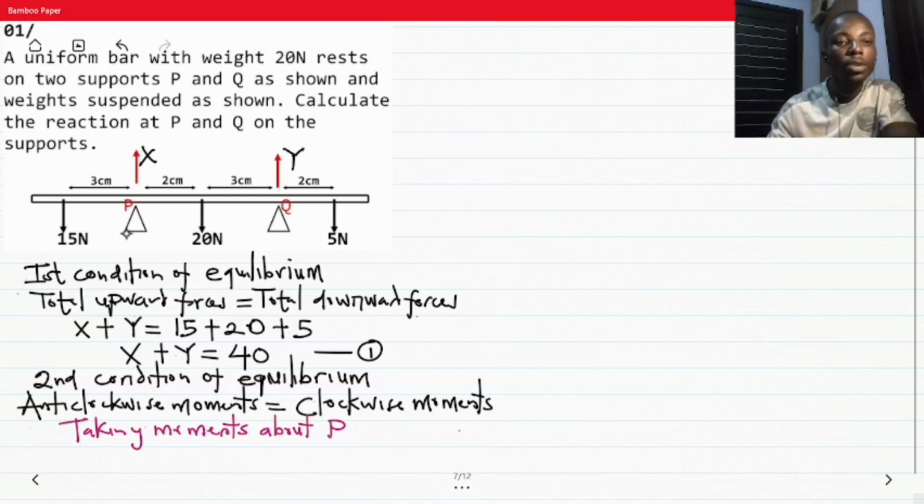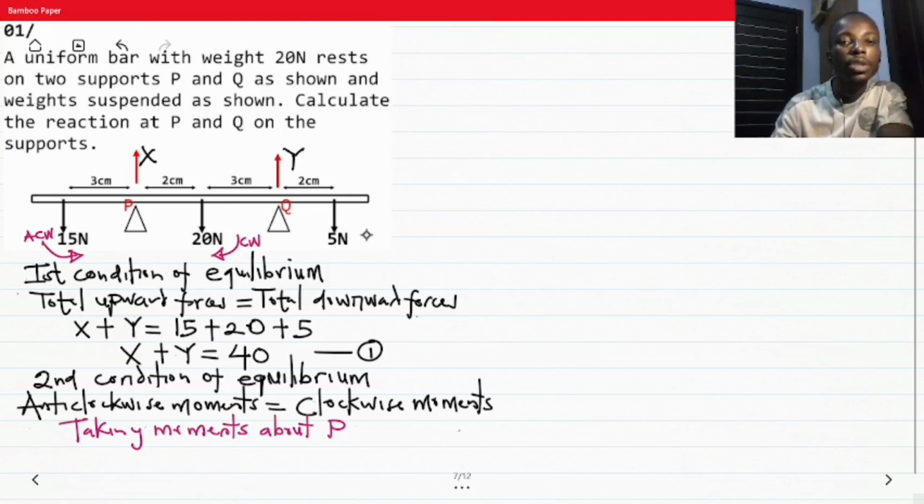So what I'll need to do is to make all these 5 forces have a turning effect about P. Now if I start with 15 Newton, it's going to have an anti-clockwise moment, meaning it's going to turn about this through this distance 3. So this will give us an anti-clockwise moment. Then 20 Newton will give us a clockwise moment, CW for clockwise, ACW for anti-clockwise.